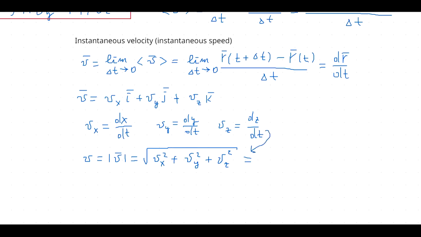Let's use this here, and from here we will have the square root of dx squared plus dy squared plus dz squared under the square root, divided by the differential of time.